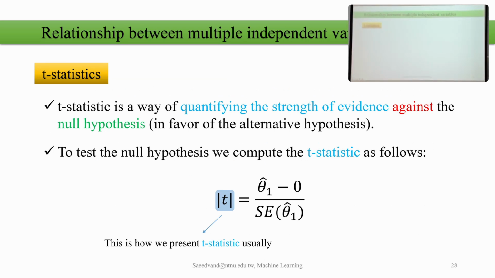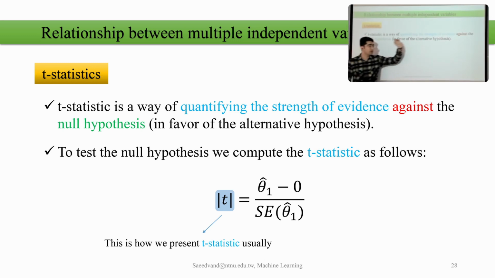So now we want to define t-statistics. Why are we defining it? We're defining t-statistics to say whether the null hypothesis is accepted or rejected. You will see that we need to add something else; it's still not enough, but anyway, this is machine learning. The t-statistic is a way of quantifying the strength of the evidence against the null hypothesis.